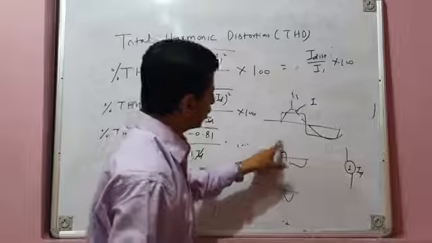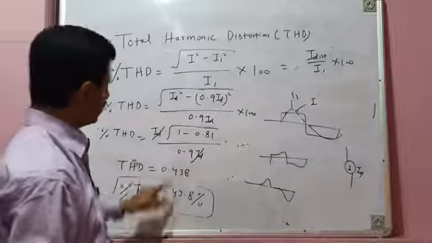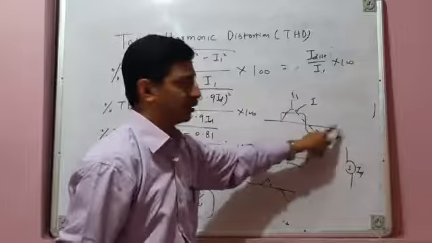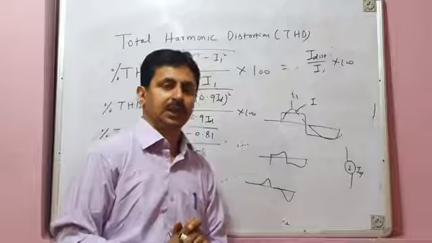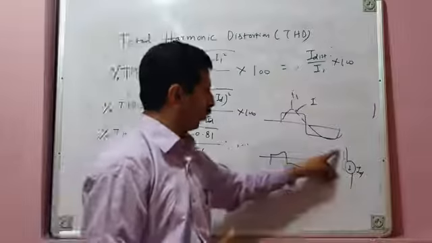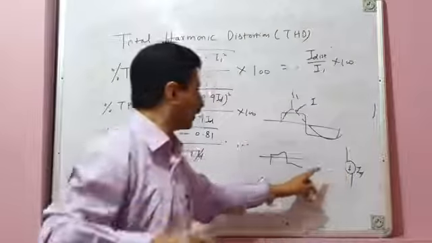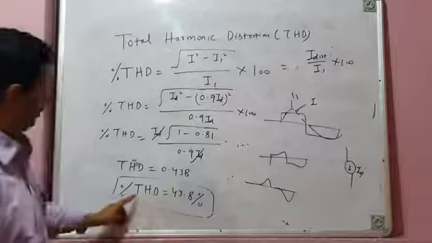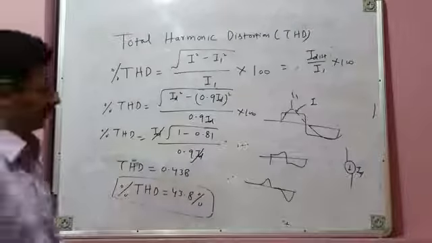So as the shape of the source current changes, this figure will also change. This figure is true for a rectangular waveform, for a converter feeding an RL load, a sufficiently inductive load, where the load can be modeled as a current source and load current is assumed to be ripple free and constant, like this. The level of distortion, THD, total harmonic distortion, is 43.8%.